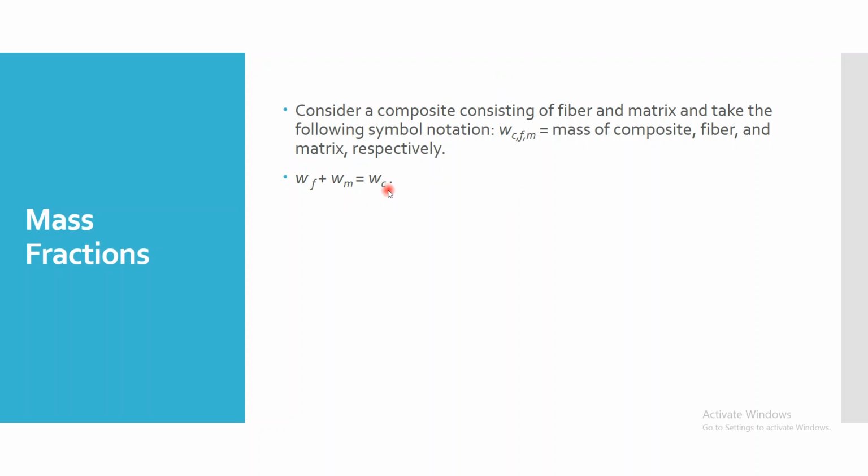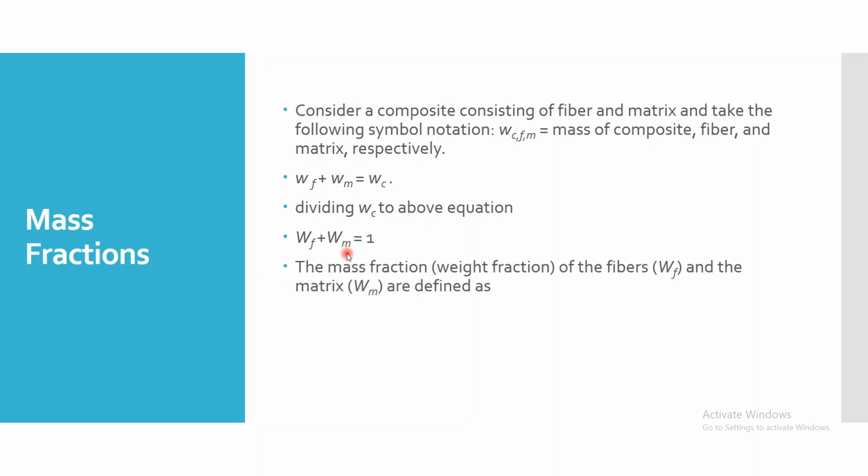As usual, we divide the whole equation by WC. That gives capital WF plus capital WM equal to 1, where capital WF and capital WM represent the mass fractions of fiber and matrix respectively. This is what we are interested in, WF and WM.